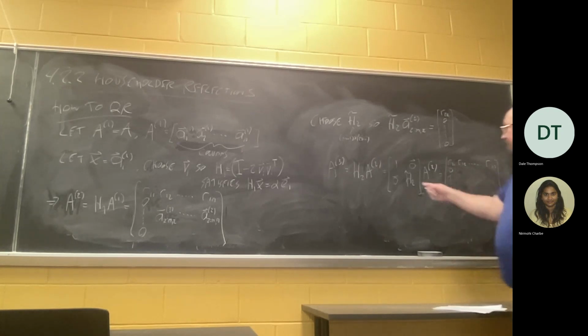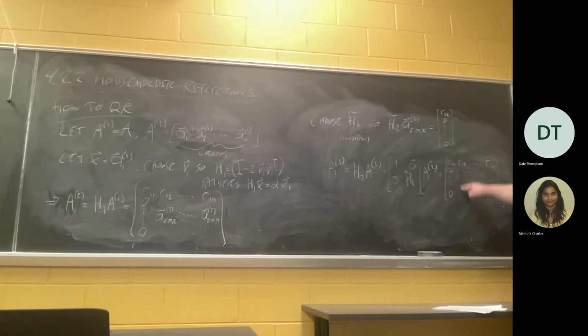And this matrix is working on all the other rows of A. But in the first column, rows 2 through M were already 0, so it's just mixing zeros around. So it's still 0. In the second column, we have R22 up top, all zeros below it. And then the rest of the second row of R has now been formed.